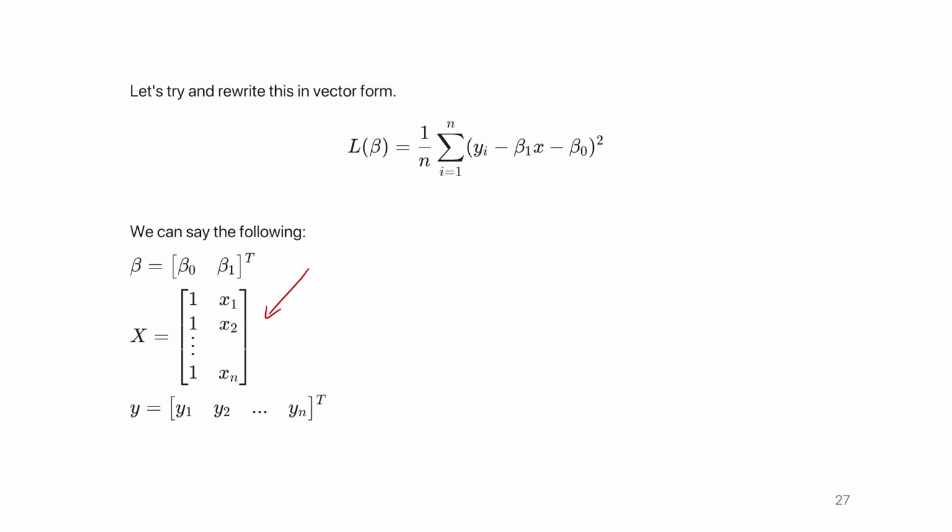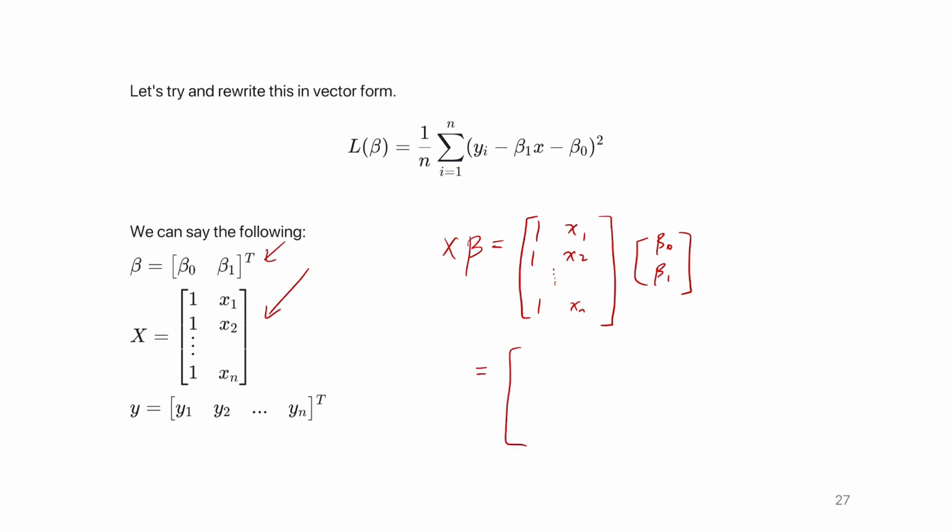The reason it's defined this way is if I take this multiplication of X and beta, well, X in this case has rows 1, x1, then 1, x2, and so on, up to 1, xn. And then I multiply this by beta 0 and beta 1. Notice here I've written it as a row vector transpose just because it's hard to write tall vectors in a single line. I do this multiplication.